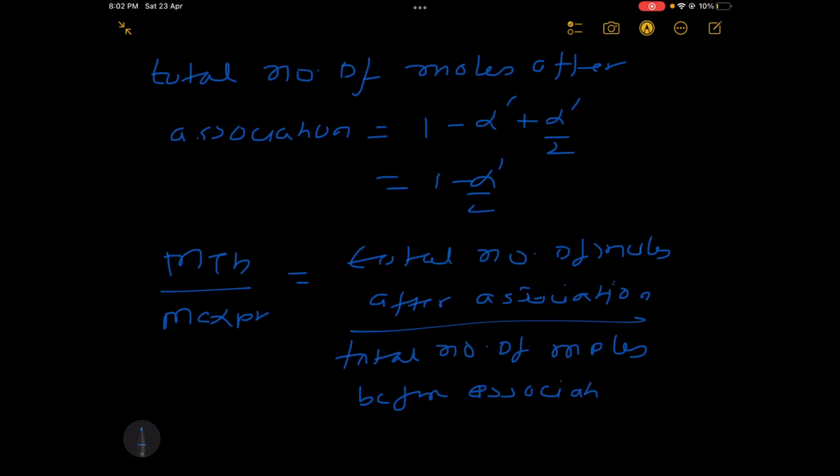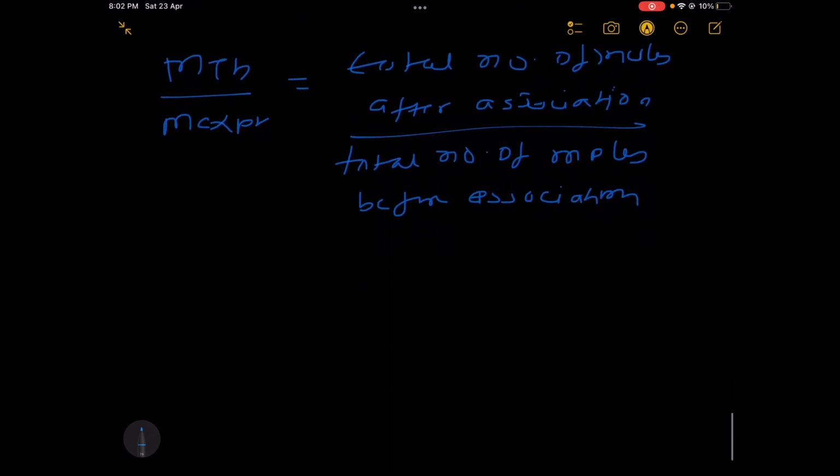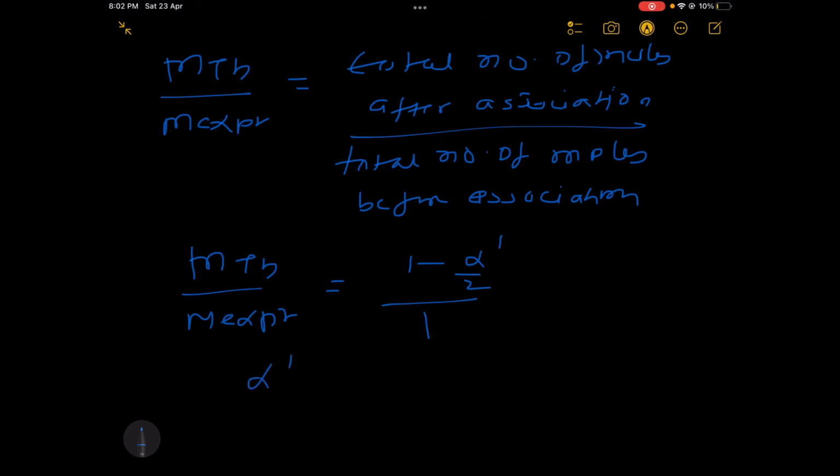The whole thing can be written as M theoretical by M experimental equal to 1 minus alpha dash by 2, by 1. So you can easily find the value of alpha dash from here.